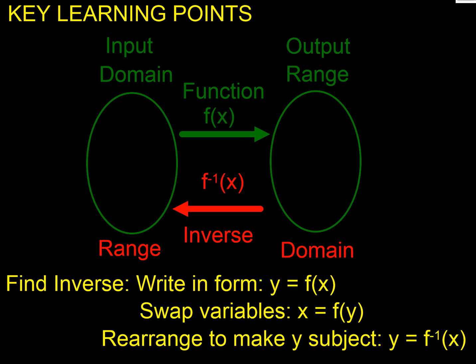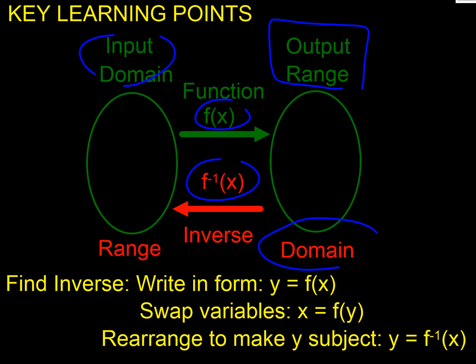Okay, so a very quick summary. Key learning points. We've got our input domain for our function, and that gives us our output range. If we reverse the function, going in the opposite direction, then our input domain for our inverse is the output range of our original function, and the output range of our inverse is the input domain for the original function.